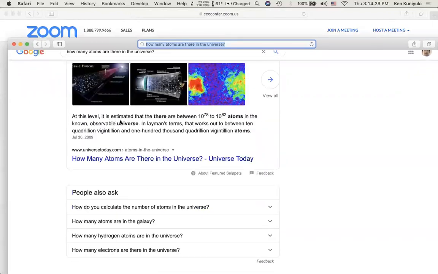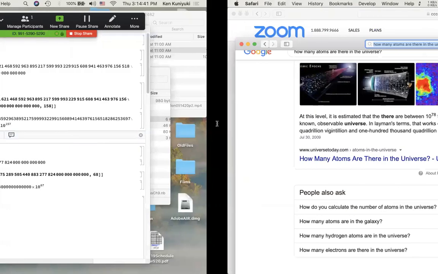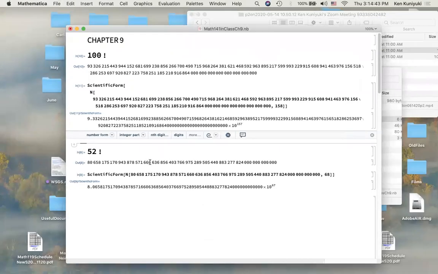Okay, it is estimated that there are between 10 to the 78th and 10 to the 82nd atoms. So maybe about 10 to the 80th atoms. There are about 10 to the 80th atoms in the universe, which is bigger than 52 factorial, but 100 factorial dwarfs that. In fact, this is more like the square of that. It's ridiculous. All right.